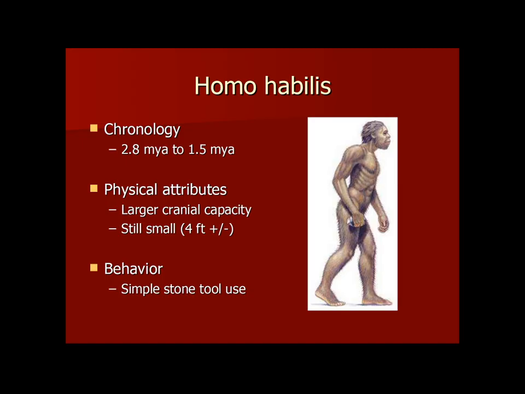And they end up with a big core tool, which usually has a point on one end by the time they get done knocking flakes off of it. And so it's good for smashing through things and doing big work, while you've got the small little razor blade type things for small cutting, for fine cutting. So that is a core-flake technology. It's called the Oldowan tradition, associated with Homo habilis.